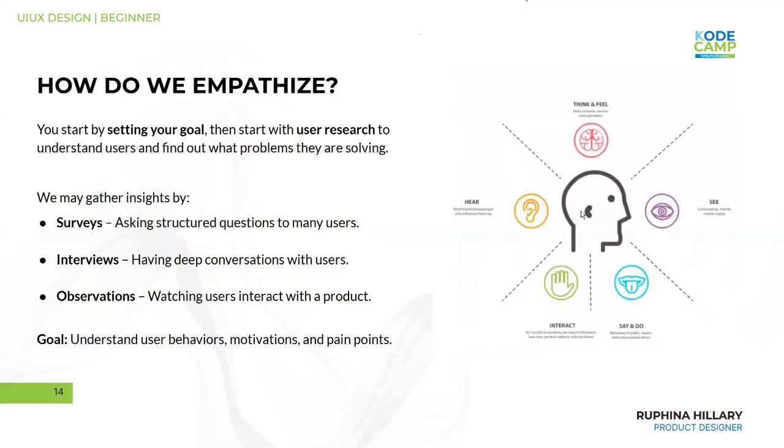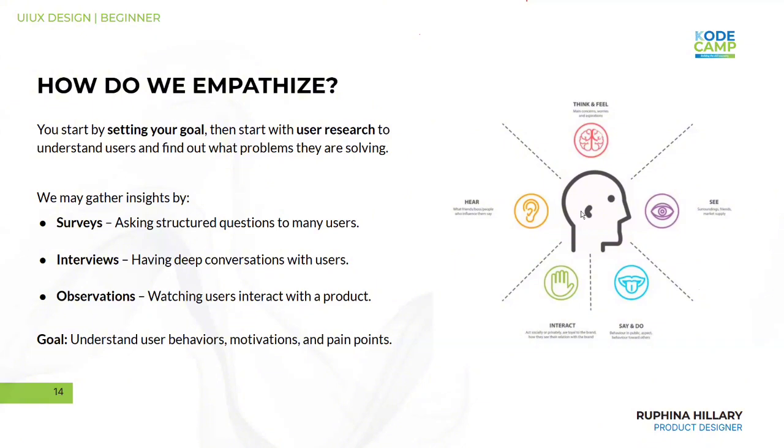So now how do we empathize? You start by setting your goal for empathy. Like, what do I really want to gain from this empathy? What is my goal for this empathy? What is the information I'm trying to get in this stage of my design process?